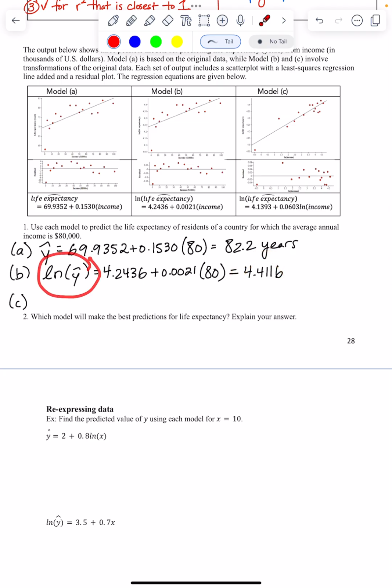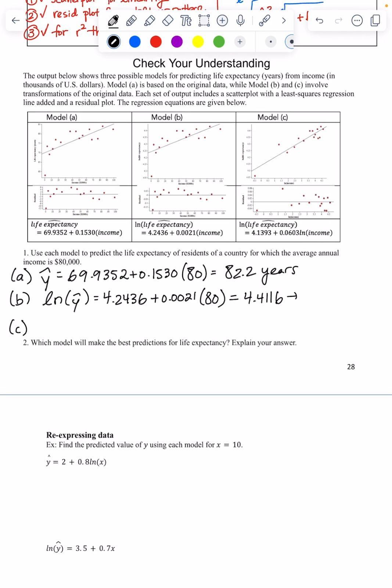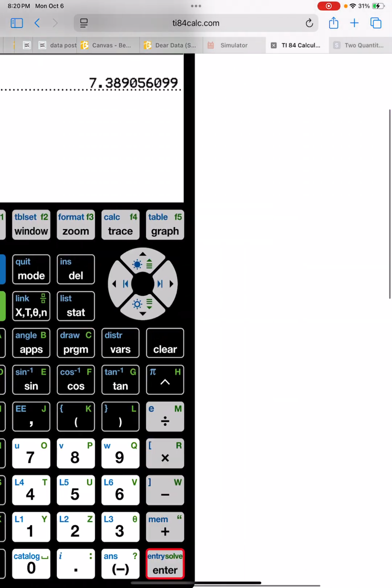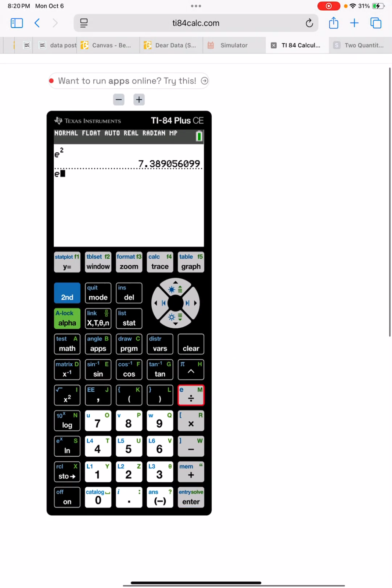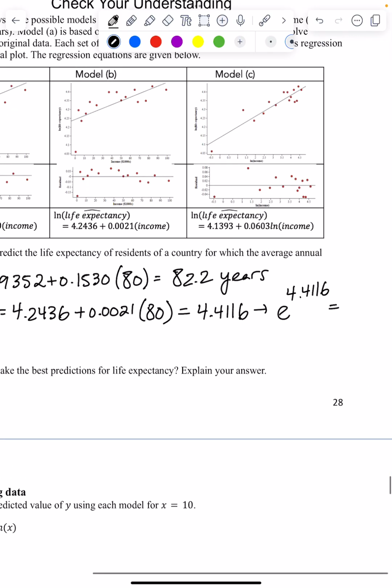But for another thing, we have our y currently being wrapped by this natural log, and we need to unwrap it. And the way to unwrap it is to raise both sides to the base of e, because that's going to cancel out that natural log. So what we need to do is calculate e to the power of 4.4116. So how that would look in our calculator is e to the power of 4.4116, and we should get 82.4. And that is a number that makes a whole lot more sense in this context.